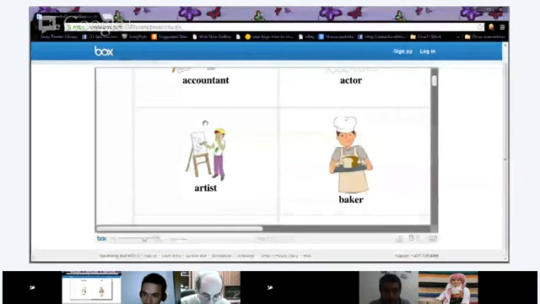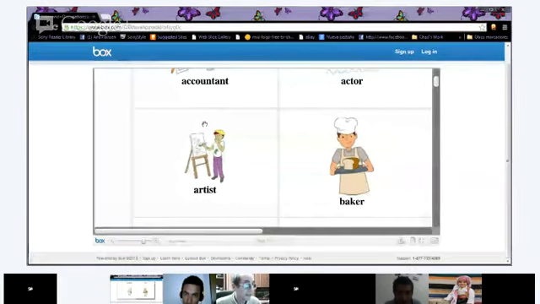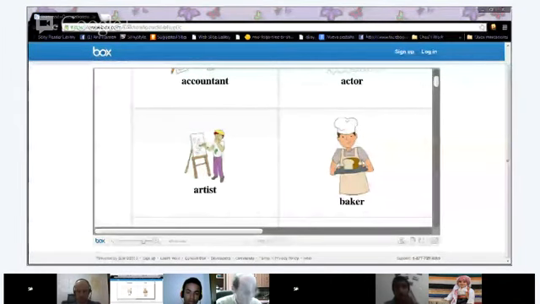What other type of artists are there? Draw a picture. So how about cartoons? Someone that draws cartoons, that would be an artist, definitely. All right. Very good. So an artist.